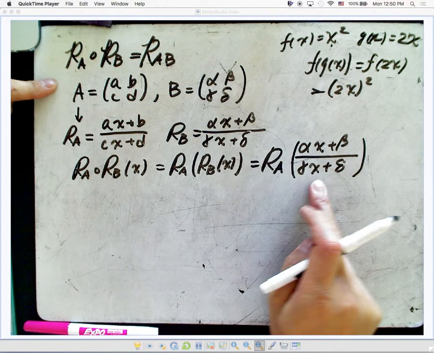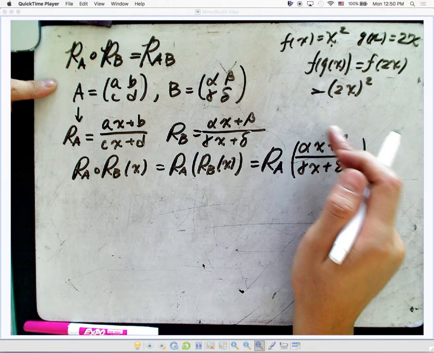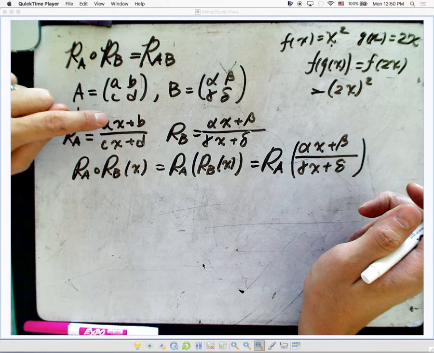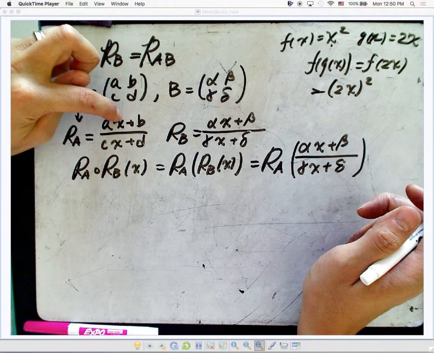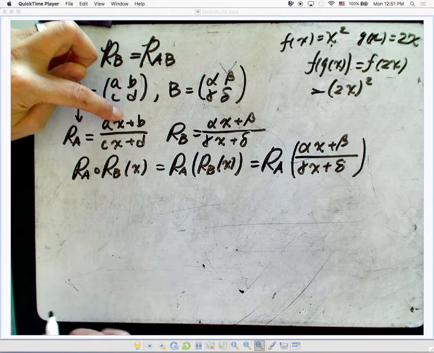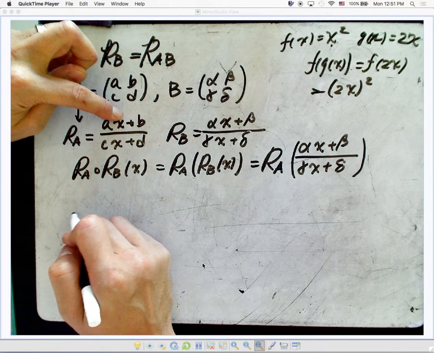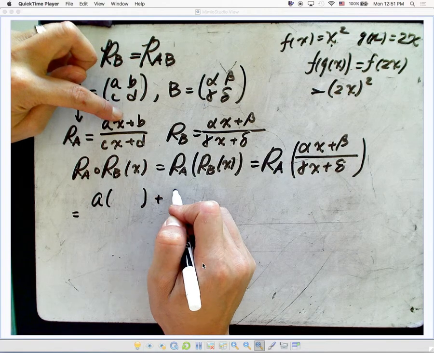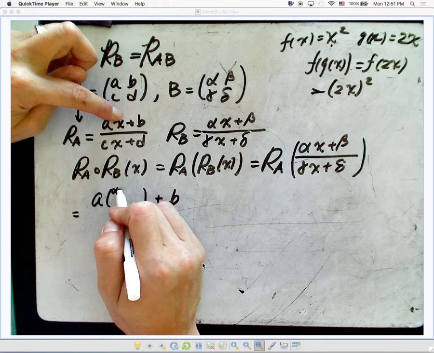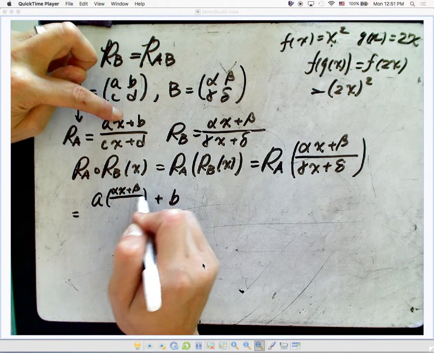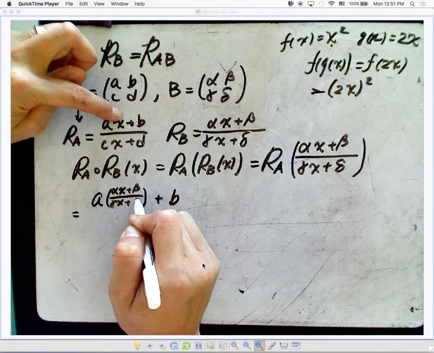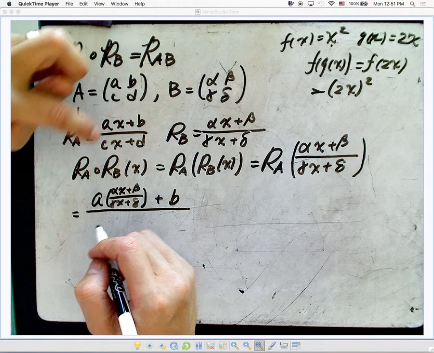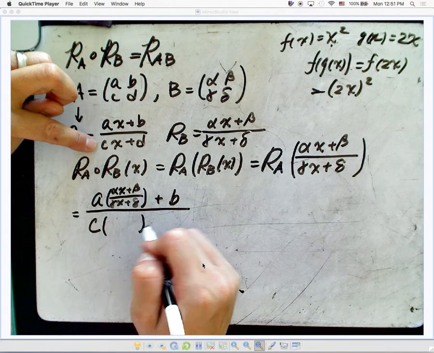So we're going to plug alpha x plus beta all over gamma x plus delta in for x in R sub A. So we'll have a times the big guy plus b, which is alpha x plus beta all over gamma x plus delta, all over c times the same guy plus d.